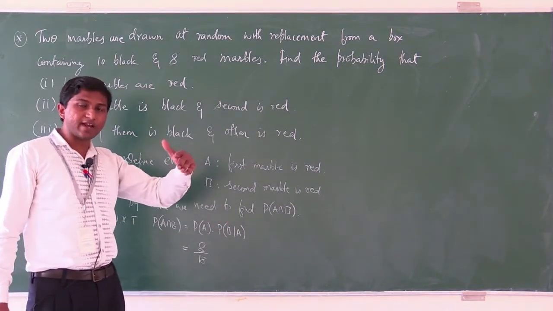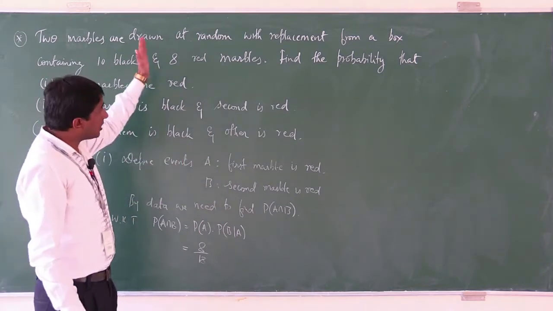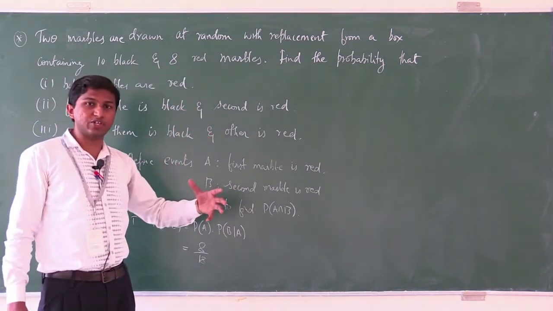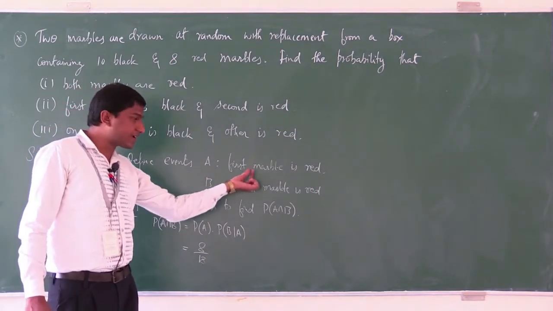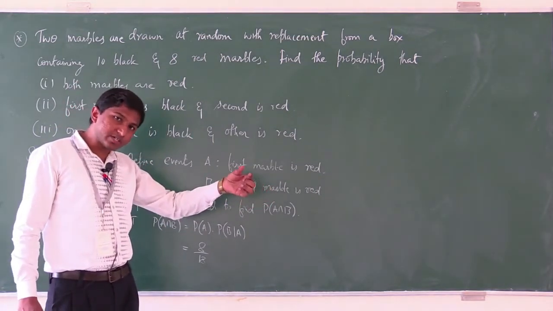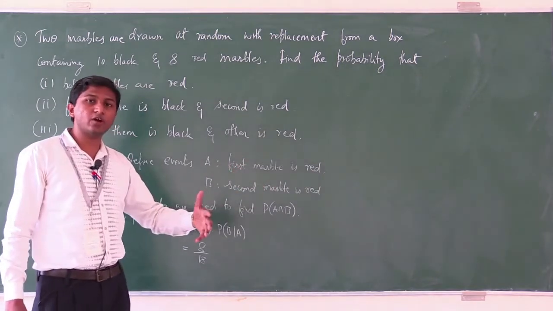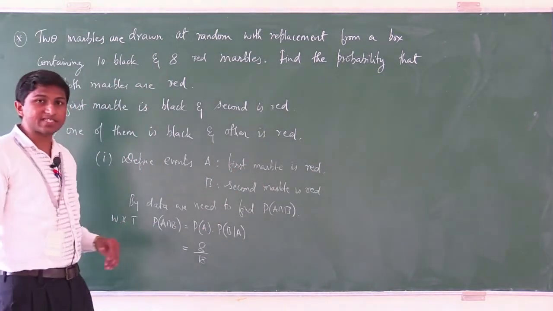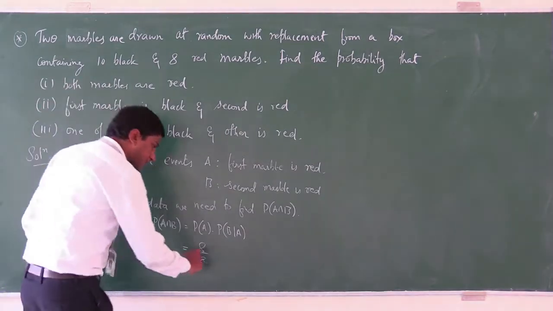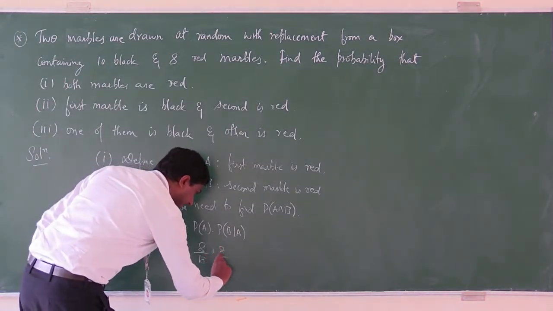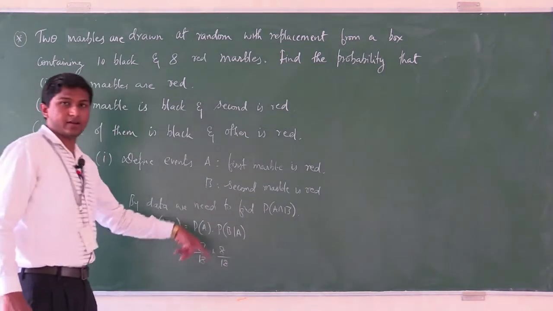So at every trial, the total number of marbles is not changing. So again, event B is second marble is red. So what is the probability of drawing out a red marble from the same box? It is nothing but again 8 by 18. So I get it as 8 by 18 again.